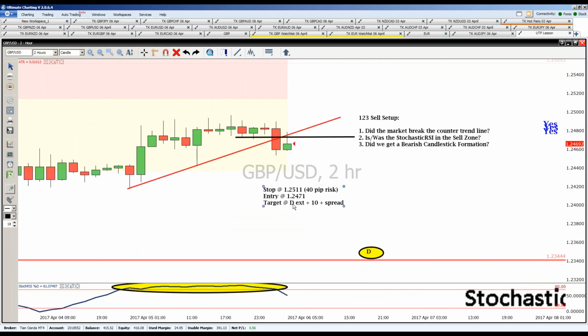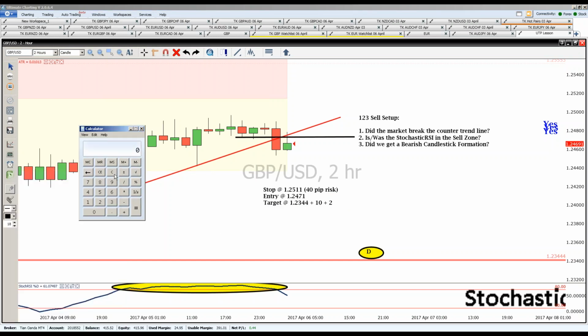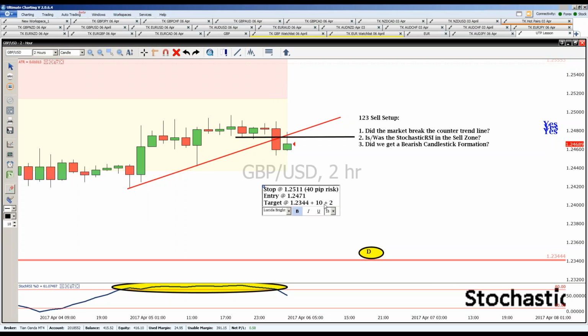So the D extension is going to be 1.2344 plus 10 pips plus the spread. The spread is going to be 2 pips. So let's work that out. 1.2344 plus 10 plus 2 is 1.2356.